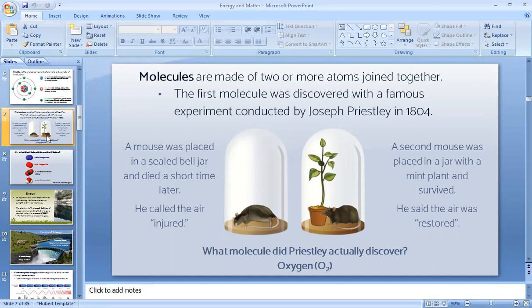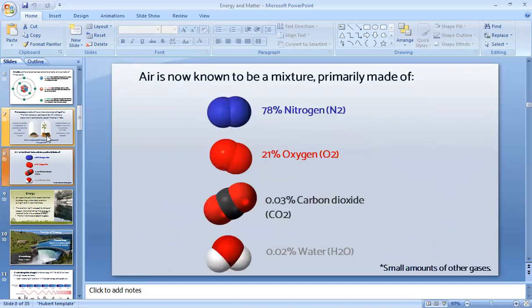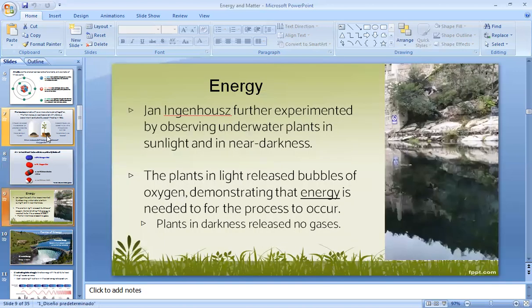A mouse was placed in a sealed bell jar and died a short time after, because the air was injured. Air is known to be a mixture primarily made of 97% nitrogen, 1% oxygen, 0.3% carbon dioxide, and 0.2% water. Energy. What is energy?